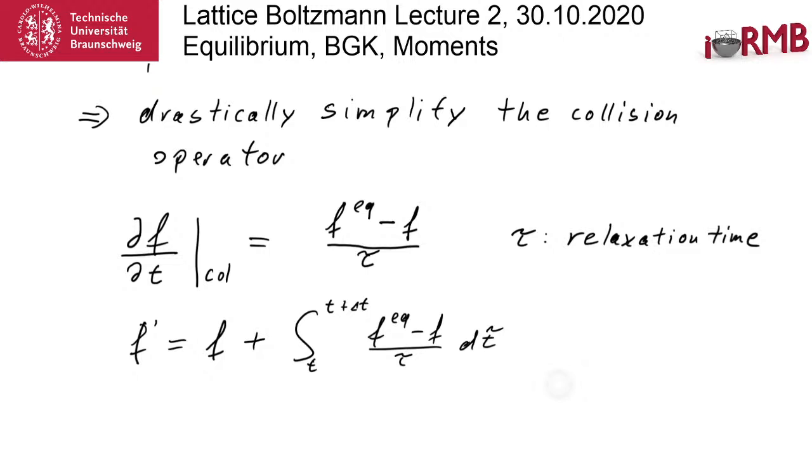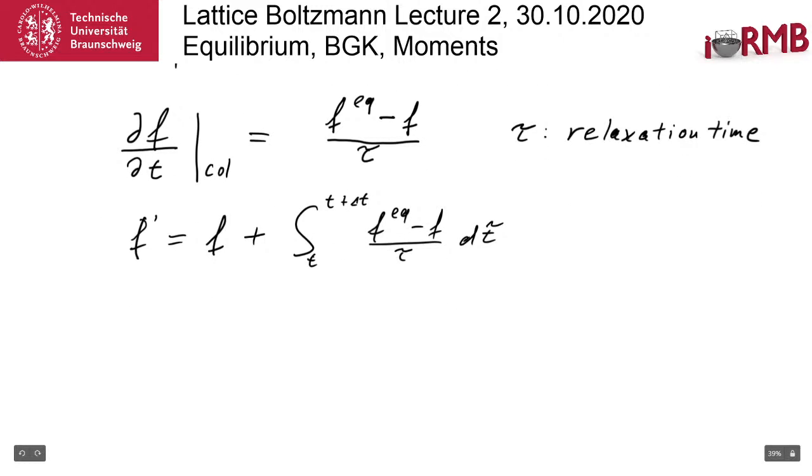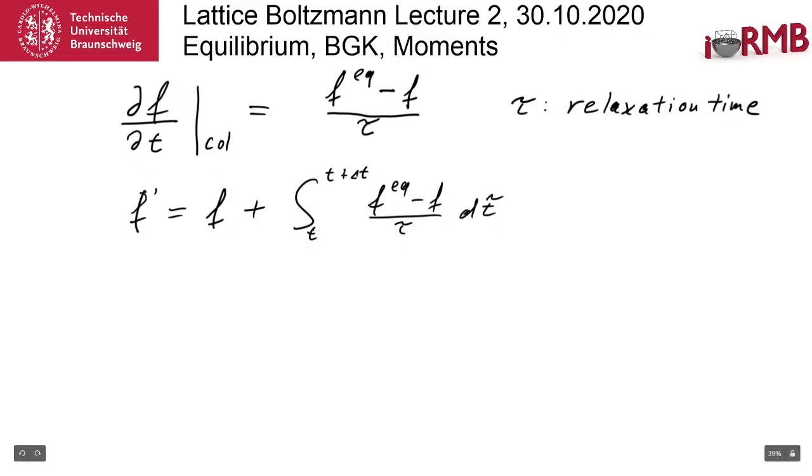Okay, so does this actually work? Let's look at the conservation laws of this. The tau, of course, has to be determined from, say, observations, so that you match some parameters.